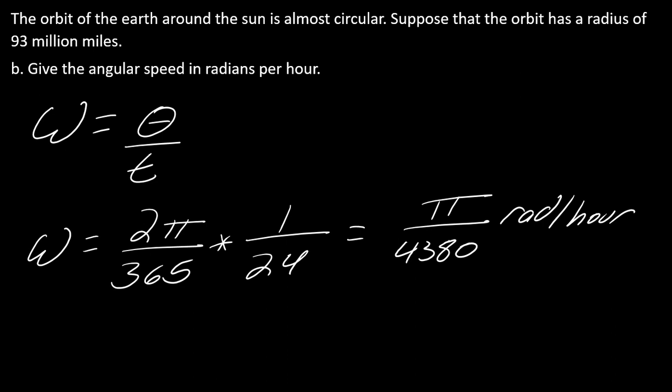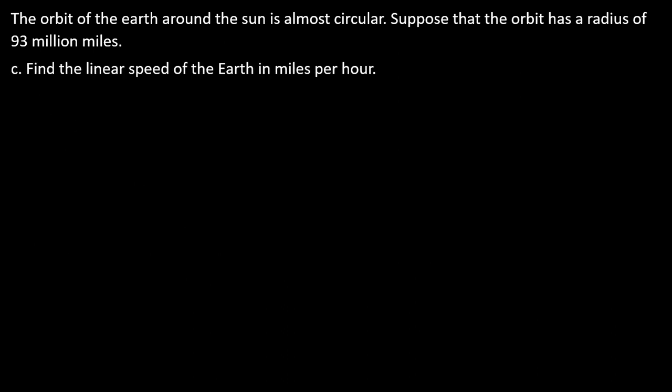Okay. Now here's the cool part of this problem. Now we want to find the linear speed of the Earth in miles per hour. So how fast does the Earth move along its orbit in 1 hour? We've actually done all the work to figure this out. Linear speed, we know one way we can use it is r times omega. We found omega in the last part of this problem.